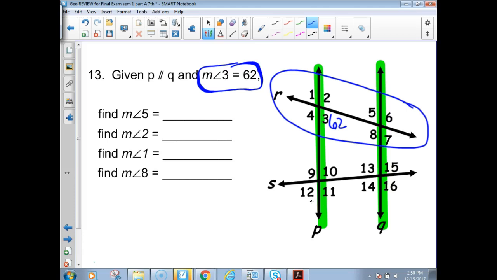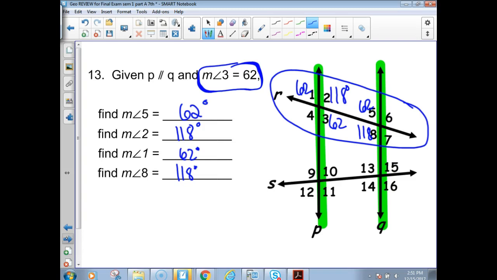You need to be aware of that. So angle 5 would be 62 because those are alternate interiors. Angle 2 would be 118 because it's supplementary with the 62. 180 minus 62 is 118. The measure of angle 1 would be 62. It's vertical with 3. And angle 8 would be 118, alternate interior to angle 2. Lots of reasons why it's 118.